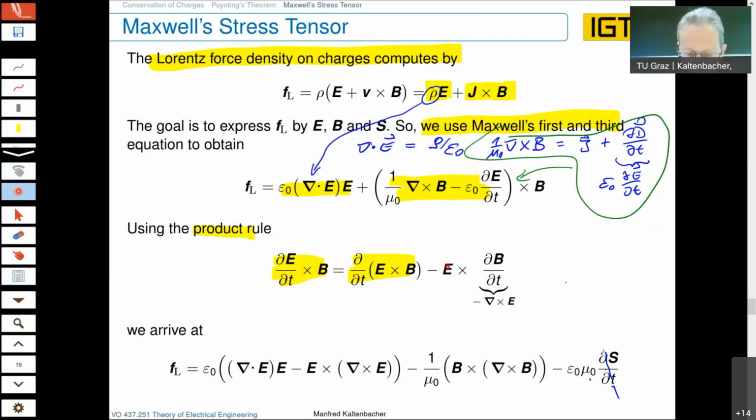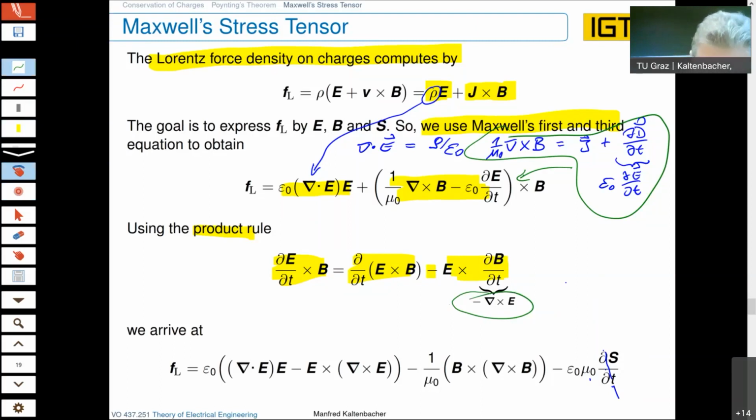So we have to subtract, according to the product rule, the electric field cross product with the time derivative of the magnetic field. Otherwise, that would not be correct. And we know now from Maxwell's second equation, which comes from Faraday's law, that we can express the time derivative by minus the curl of the electric field.